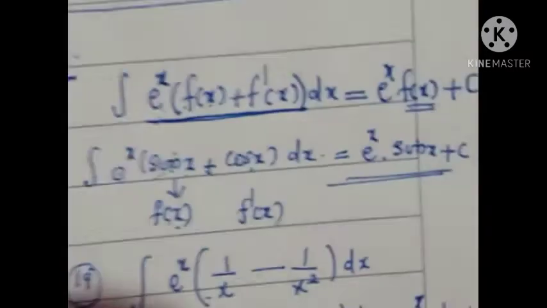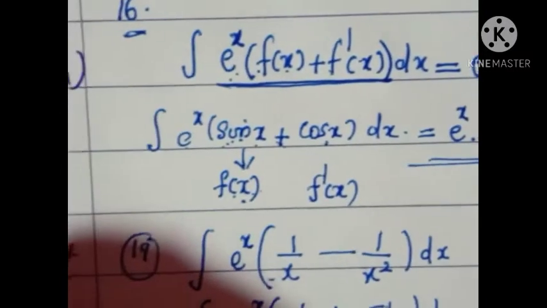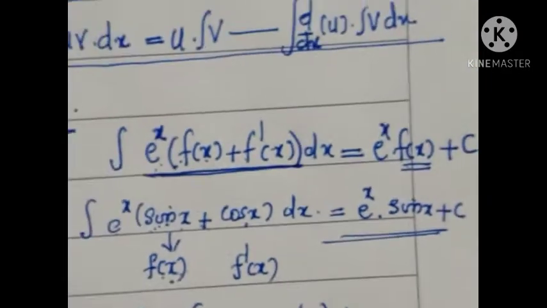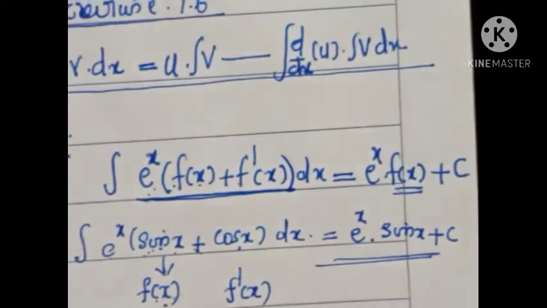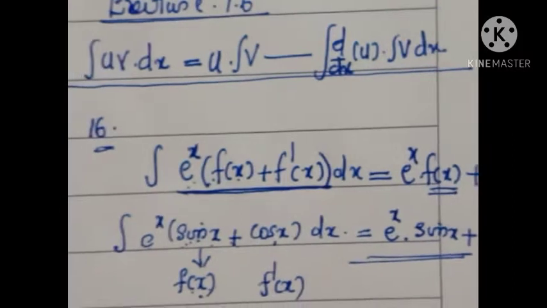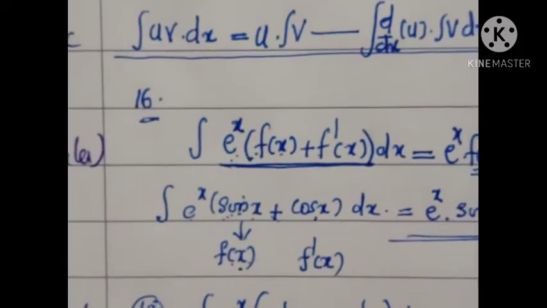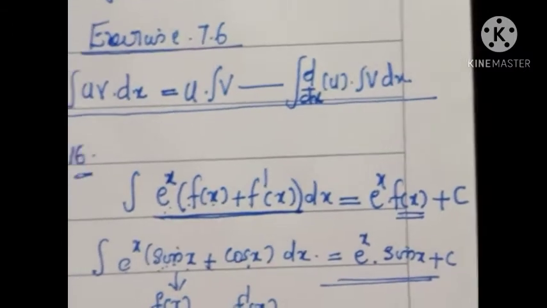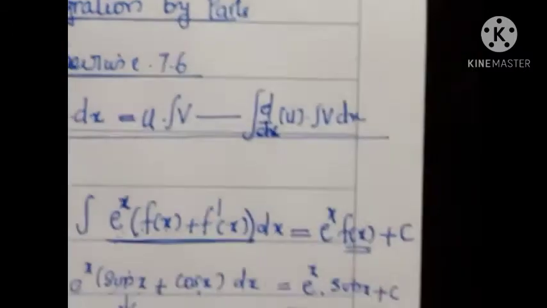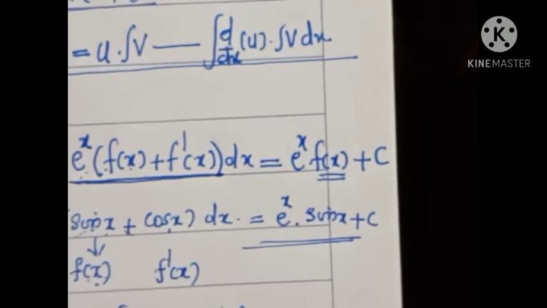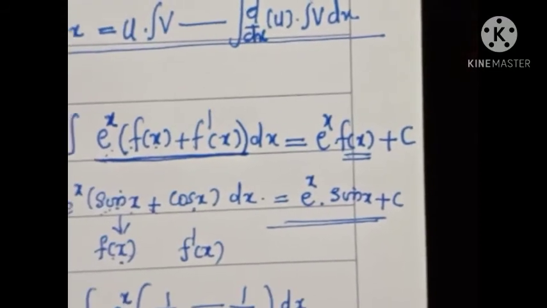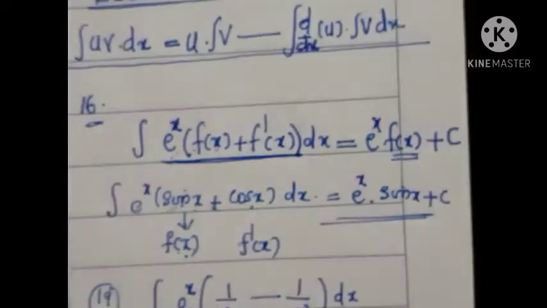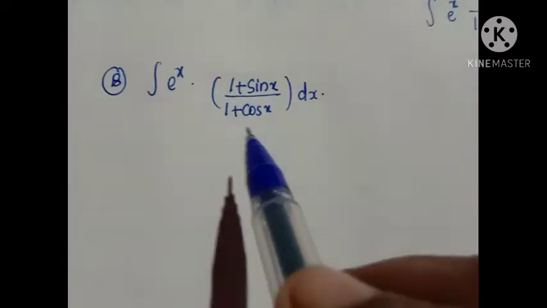So look at this, the e raised to x into f of x plus f dash of x form is a special type of integration. Suppose the integrand is of the form e raised to x into f of x plus its derivative. Then its integral is e raised to x into f of x plus c. Now see this question.